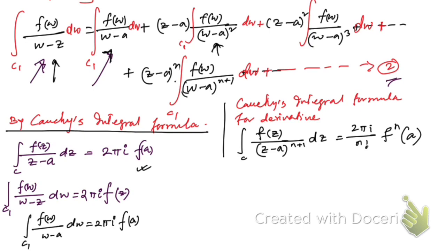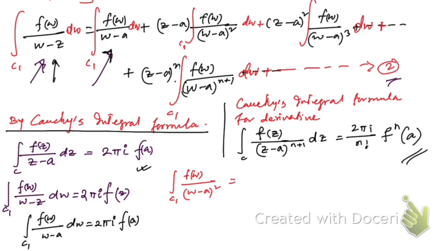So now let us apply this one here in the third term. As you can see, we have here this is square. So here we're going to apply this integral formula for derivative, right? Here we have second order derivative. So what is going to be the result in this case? Integration along c1 f of w by (w minus a) whole square.